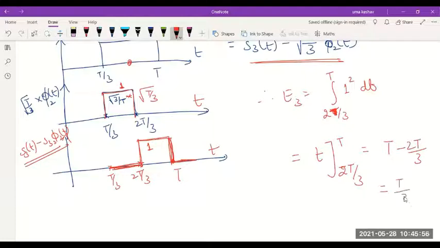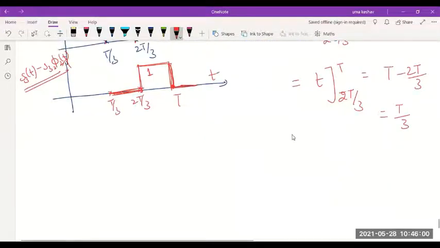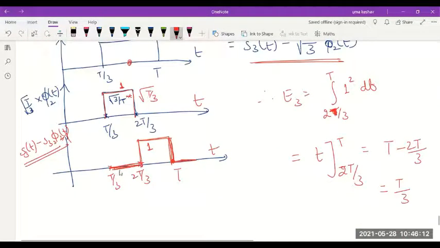T by 3, yeah? So the energy in this signal, you look at this first equation, what we have written. S33 square will give us the energy in this difference signal, and that is the signal which we have drawn here, and the energy in that signal turns out to be T by 3.